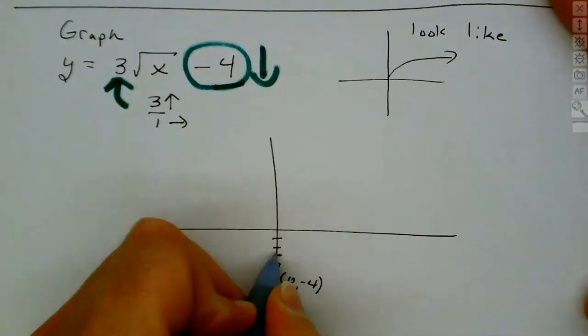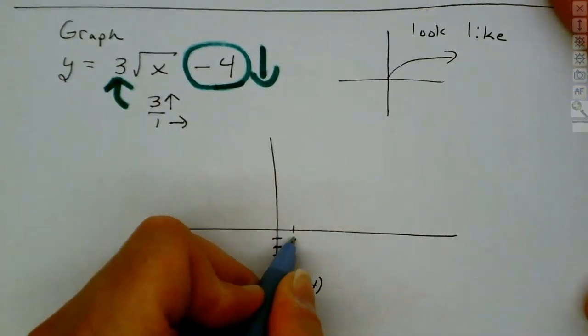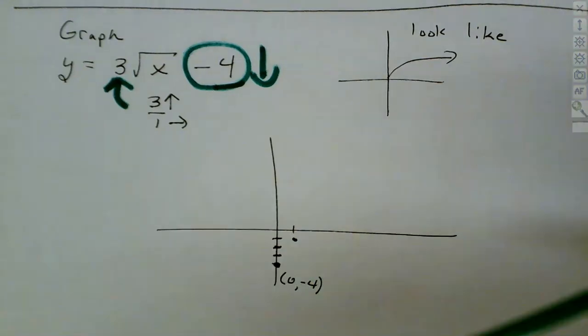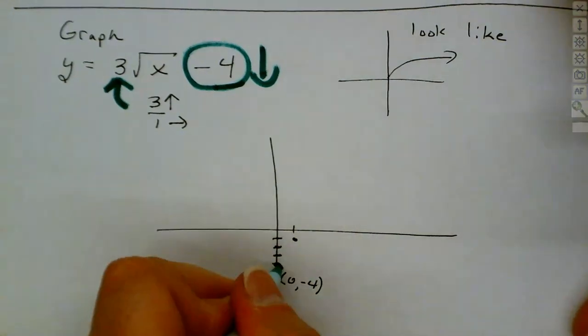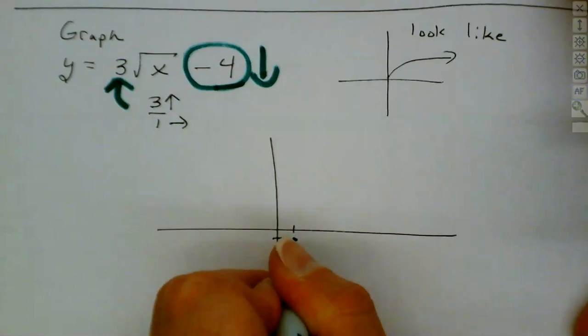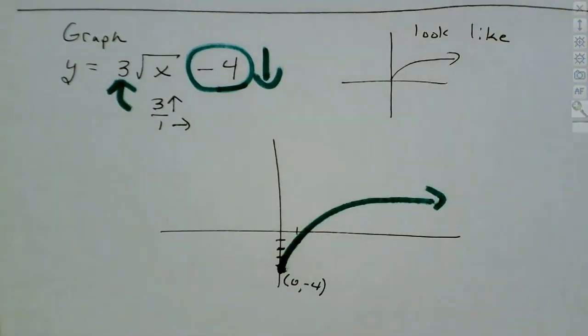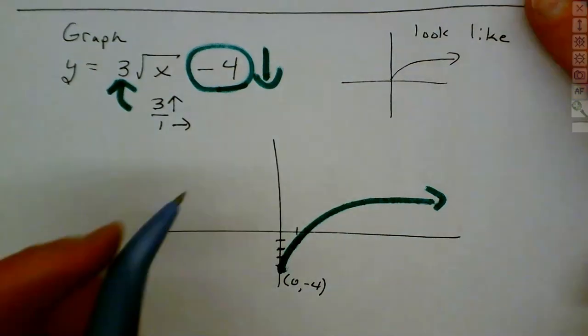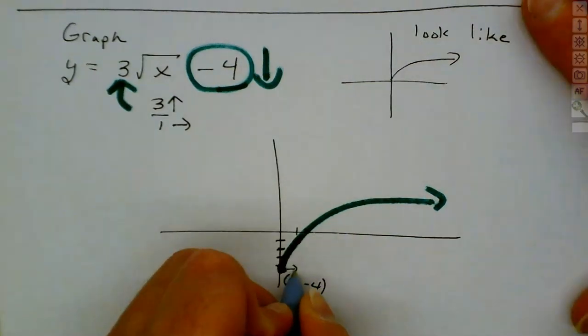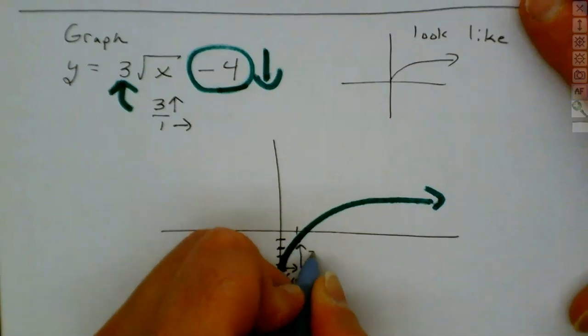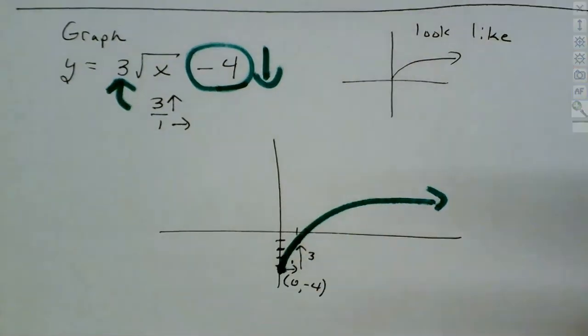So up 1, 2, 3, over 1 unit, right there. Curve it together. And there's your picture. As I went up 3 and over 1, so over 1 and up 3 units. And that's it.